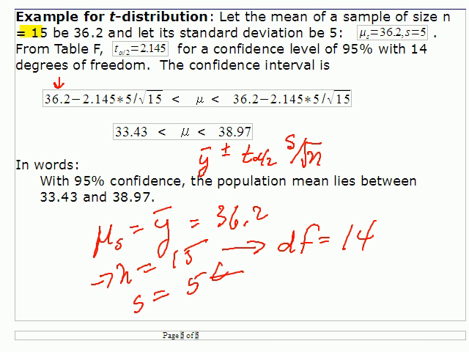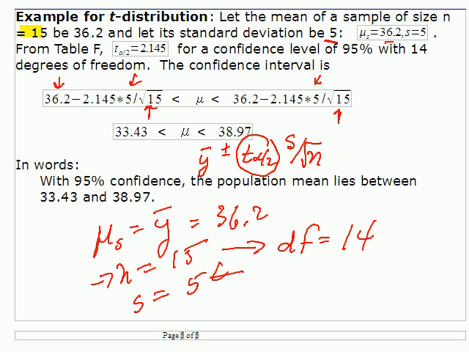Here's the mean, 36.2, from up here. The sample size is 15, so that's your square root of n in the denominator. The standard deviation is 5 for the sample, so you see the 5 up here. Now the 2.145 is the value for t alpha over 2 that was obtained from the tables in this case.